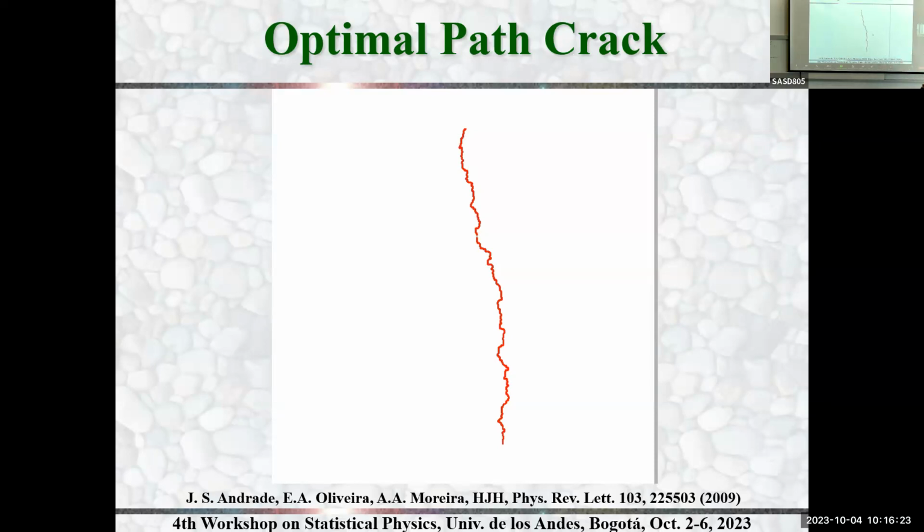And then we add all these numbers along the path, you get some value, and then you pick the smallest number. This is also called the problem of the directed polymer.